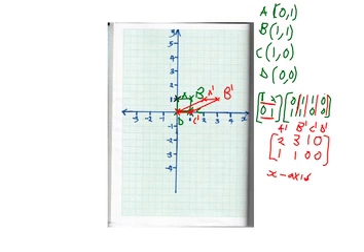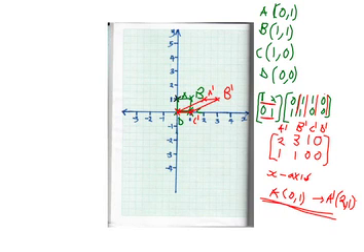We say that the invariant line is the x-axis, and then A, which is not on the invariant line, was 0, 1, and has moved to A prime, which is 2, 1. So we've managed to describe fully the shear which has taken place and has been represented by the matrix of transformation which was given.